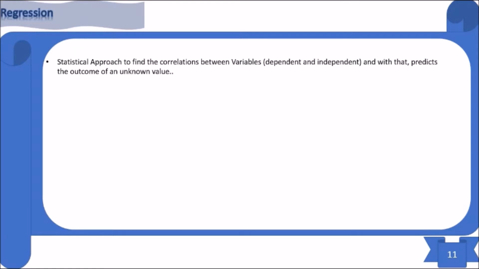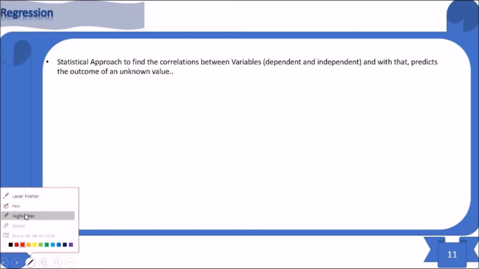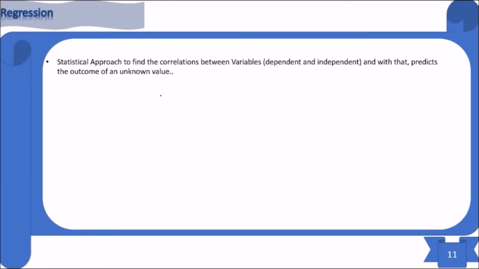So in the context of machine learning, let's understand what exactly the dependent variable and independent variable are. Let's consider the equation of a line, that is y is equal to mx plus c.